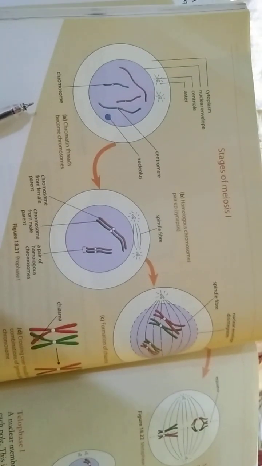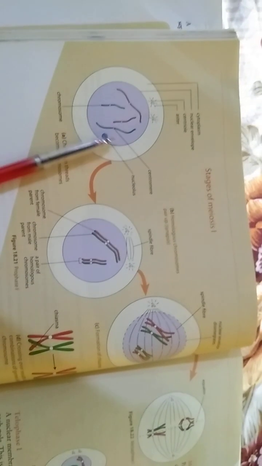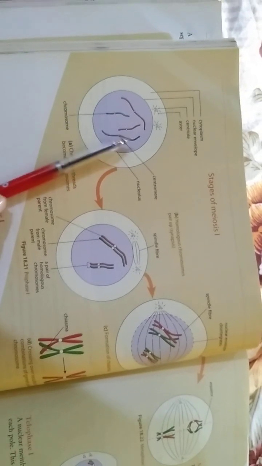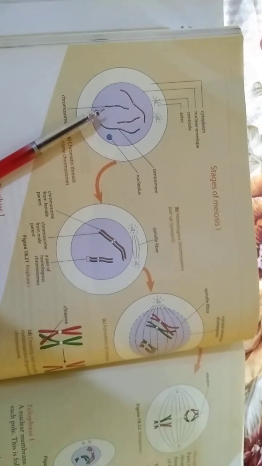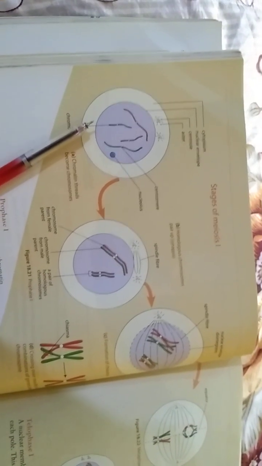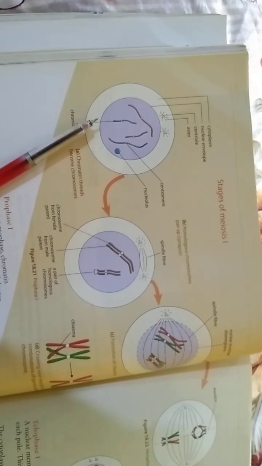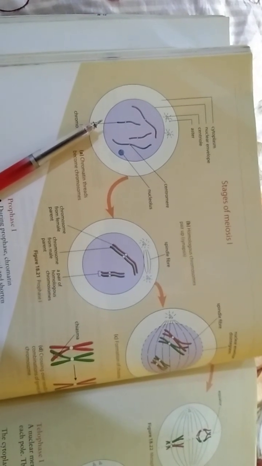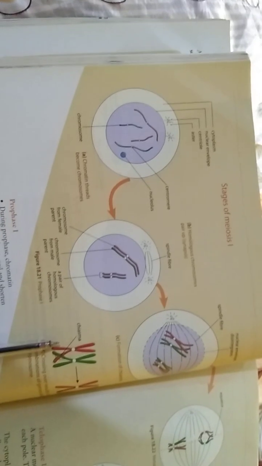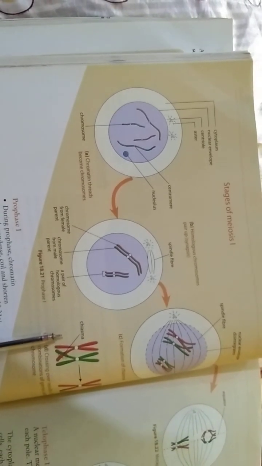Stages of meiosis 1 describe the structure of the cell: thread-like structures called chromosomes, chromatids, centromere, nucleus, spindle fibers. In this process, crossing over also takes place.